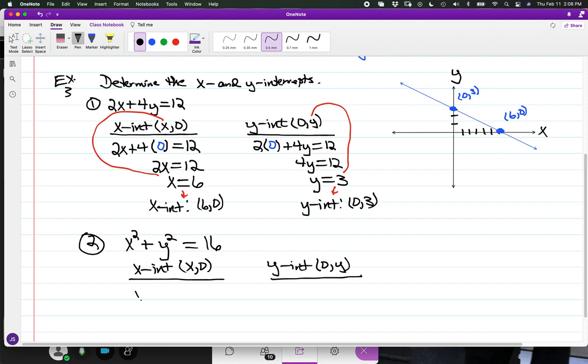So again, I'm looking at, for each x-intercept, solving for x as y is set to 0. And once again, I have the reverse scenario, looking at solving for the y-intercept.